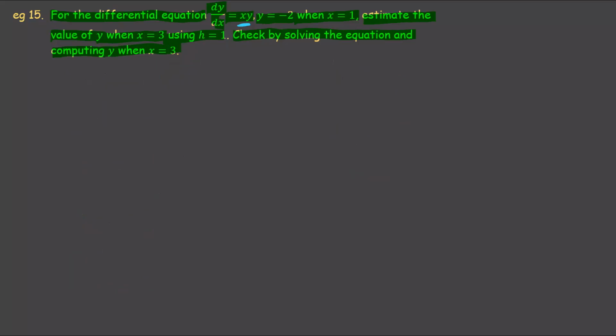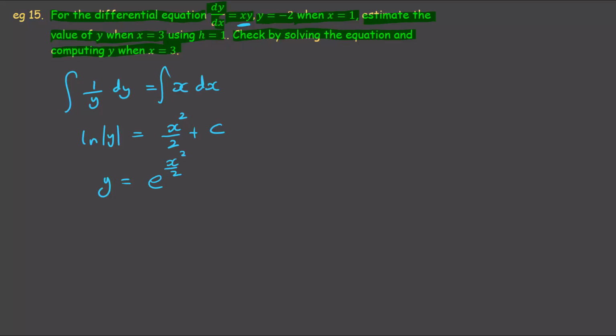So what about when we solve the equation? It's a separable equation and we get 1 over y dy is equal to x dx, separate and integrate. So we get ln y is equal to x squared over 2 plus a constant. So y would be equal to e to the x squared over 2 plus a constant, which, remember, using index laws is e to the x squared over 2 times e to the c.